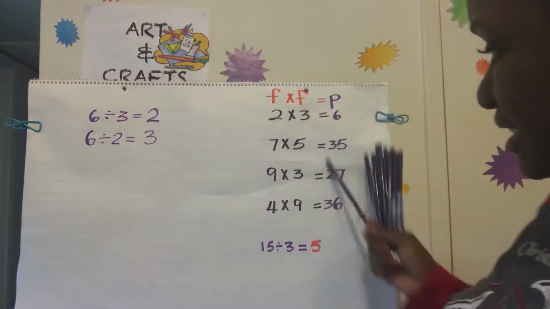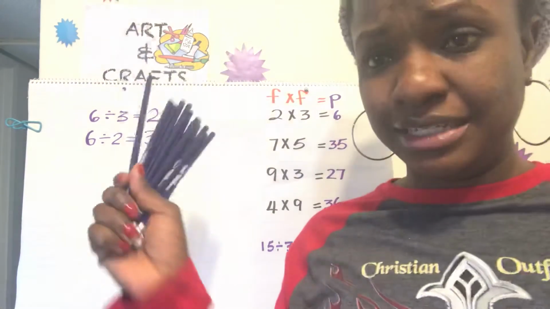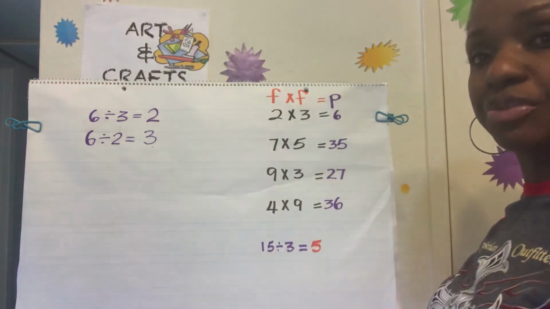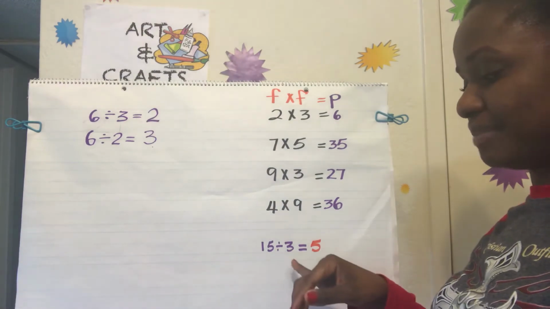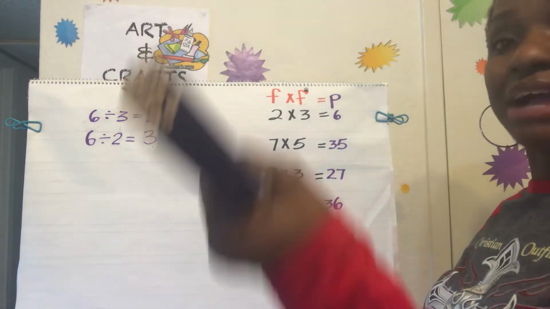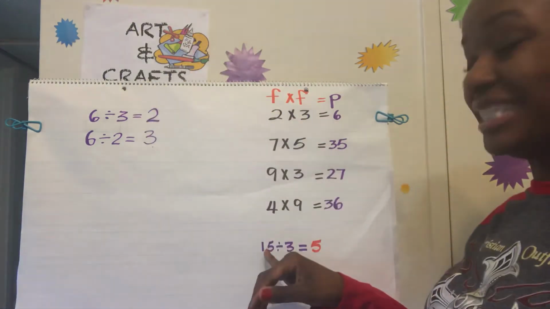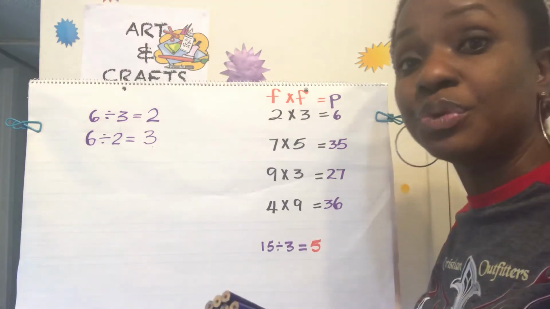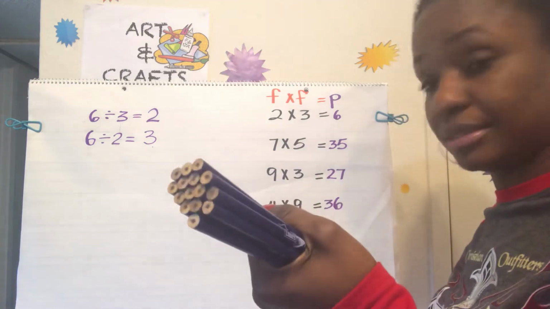Let's leave the multiplication for a second, and let's get to this part, division. So I have 15 pencils. And when I say 15 divided by 3, we're saying we have a total of 15, which is our dividend. And then the divisor is like, hey, you guys need to put it in 3s.